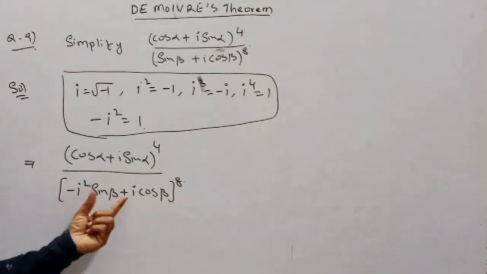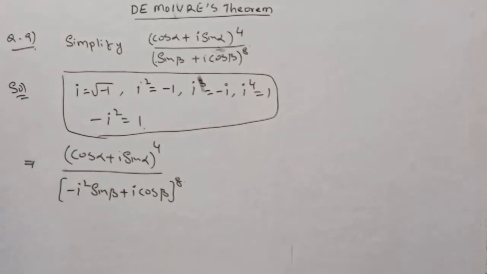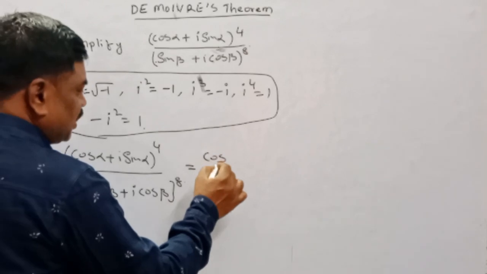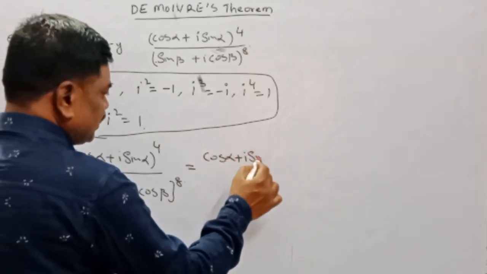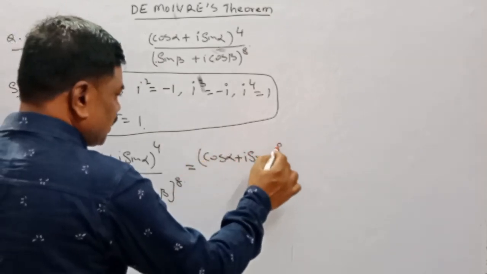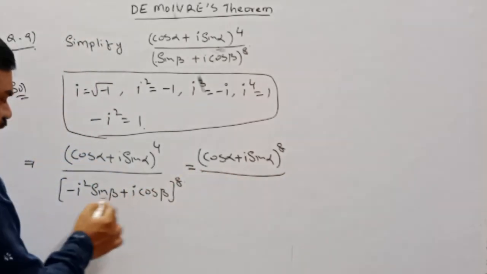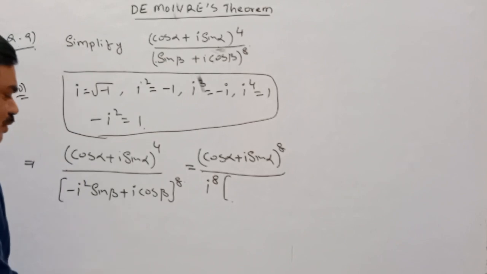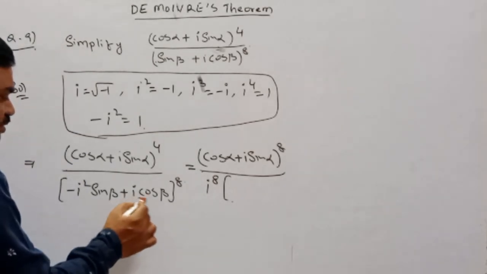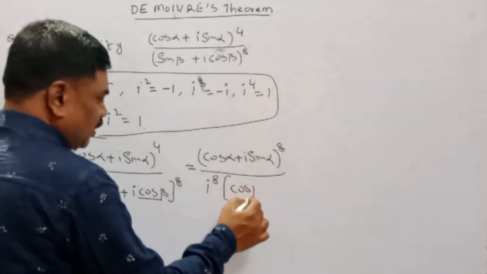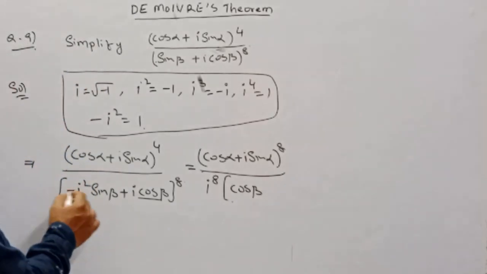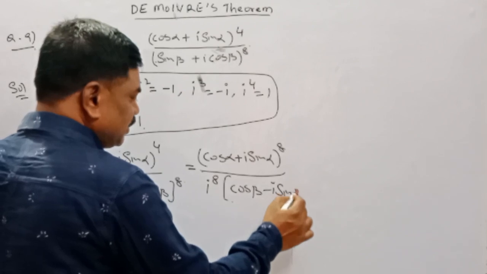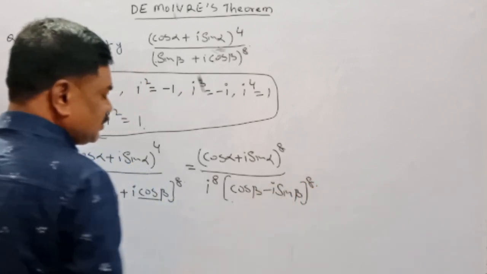From the denominator you take i common: i power 8 times (cos beta plus i sin beta) whole power 8.